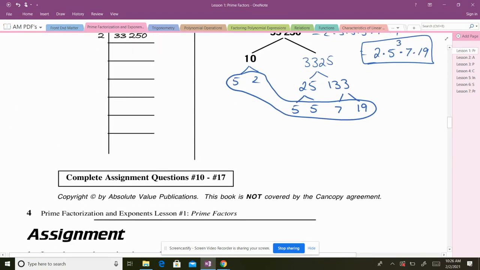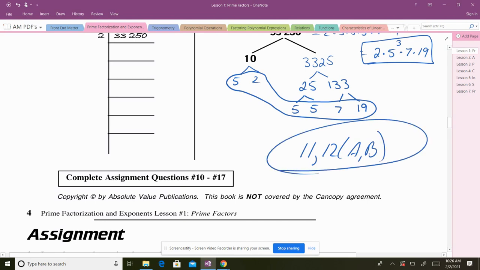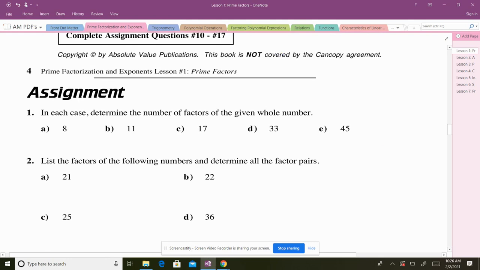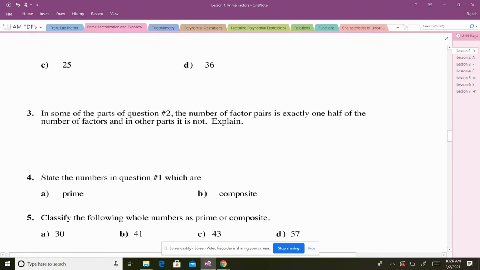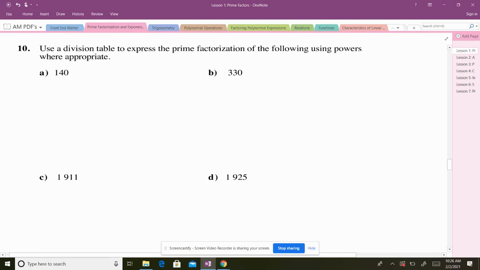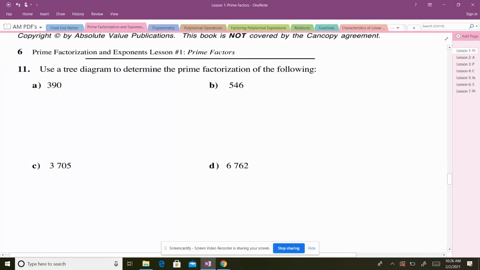Okay. Congratulations. You finished your first lesson. 11, 12, A and B, please. How these work, if you haven't used these before, is you go to the assignment section. I'm just asking you to do 11 and 12, A and B. So go to question 11.